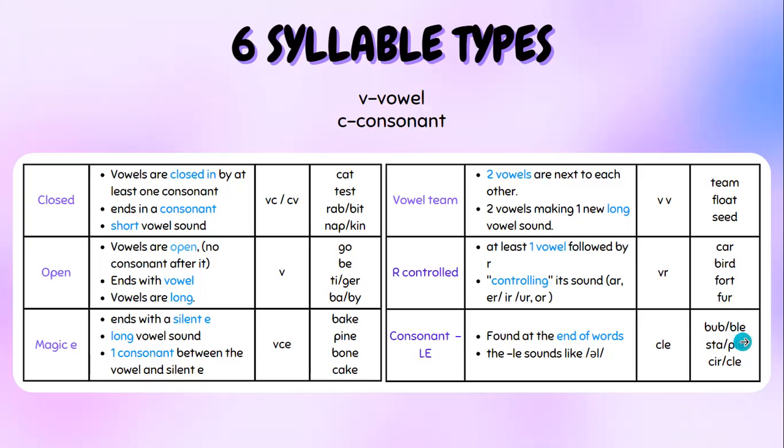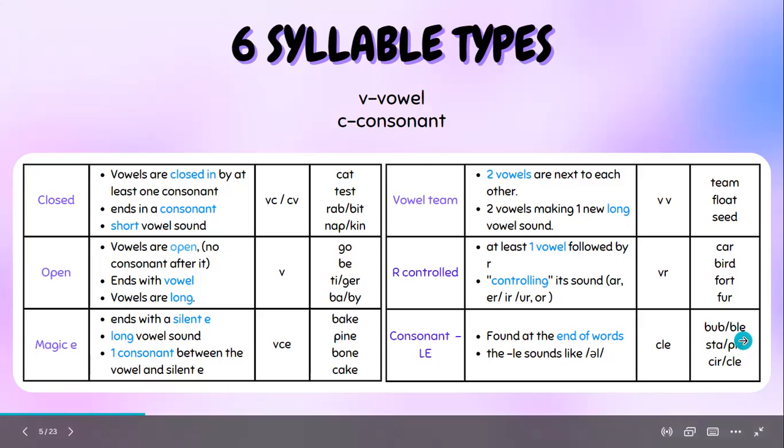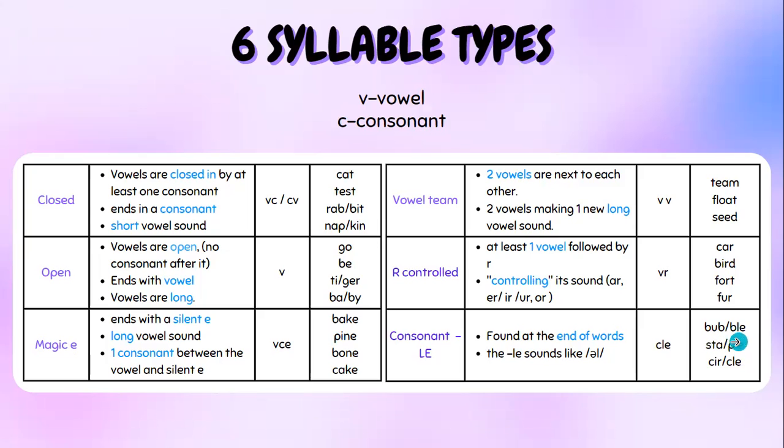Whenever we have a consonant LE syllable, we switch the LE to schwa L. So instead of "le," we pronounce it as "ul" because the schwa makes the "uh" sound. For example, in the word bubble, we switch around the L and the E to schwa L, and then we pronounce it as bubble.